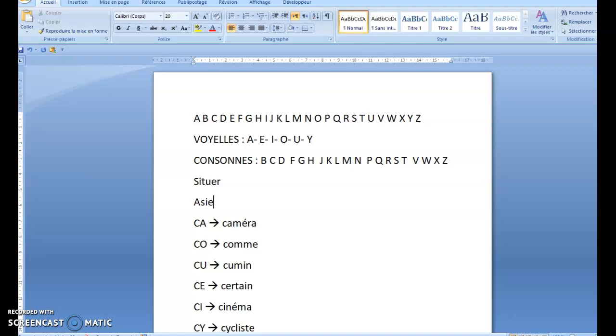So, why do I pronounce this S as Z? Because it's between two vowels. So one S between two vowels is always pronounced Z.